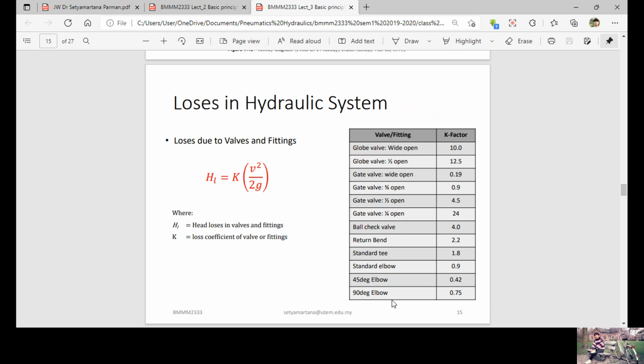It is given in this table. For example, if we have a globe valve half open, the K factor will be 12.5. And if we have a standard elbow connecting pipe, the K factor will be 0.9.